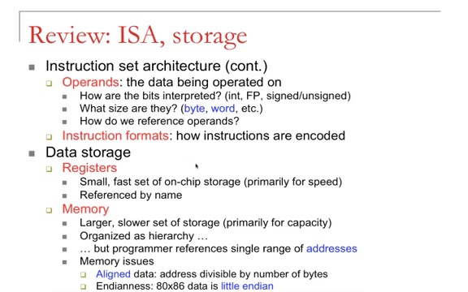For single-byte data, there's no issue with endianness because that's just 1 byte. But with multiple bytes, when the microprocessor reads the data from memory, it has to figure out how to put those bytes into word registers to represent the correct data. Different processors may use different endianness. x86 uses little endian.